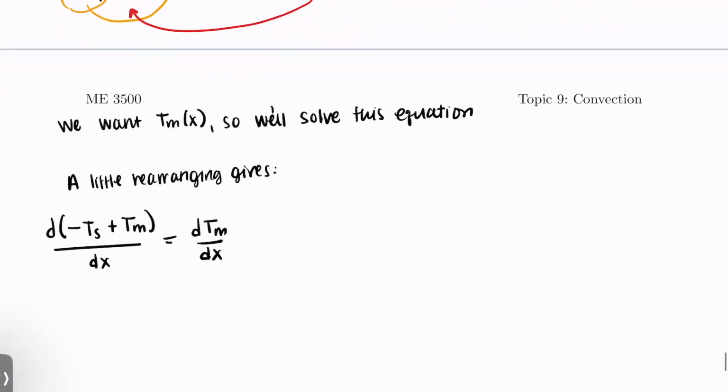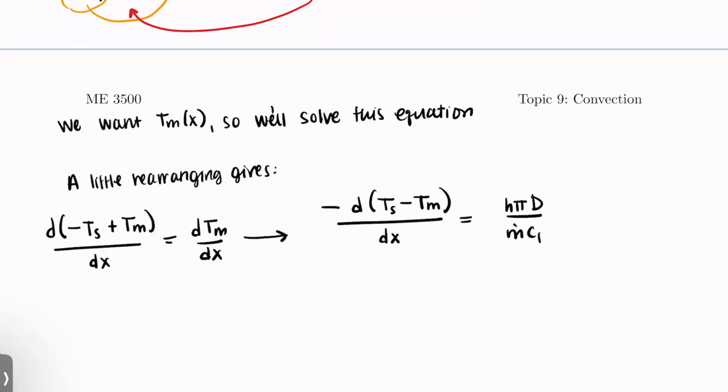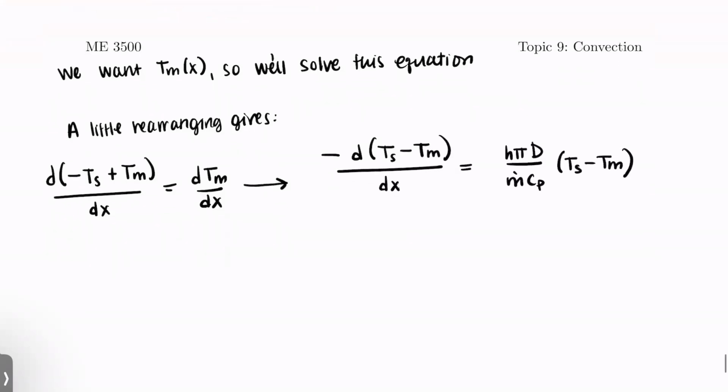If I put that into my system, I have minus the differential of (Ts minus Tm) divided by dx equals h pi D divided by m dot cp, (Ts minus Tm). I'm going to separate variables and integrate.